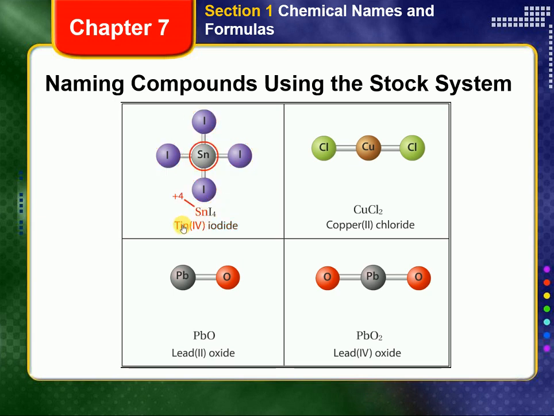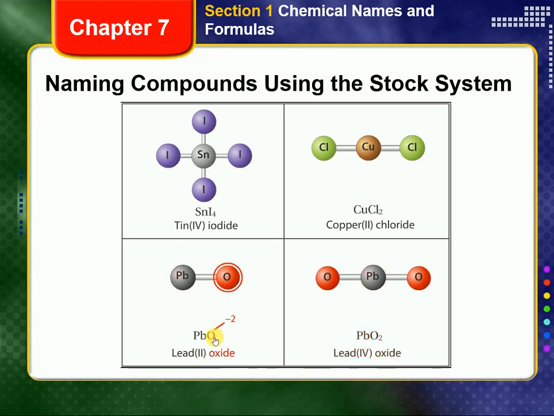So we say tin 4 iodide. Copper, this particular copper is the kind that has a +2 charge. So we say copper 2 chloride. This type of lead is the lead that has a +2 charge, so we say lead 2 oxide. Lastly, this type of lead has a +4 charge, so we say lead 4 oxide.